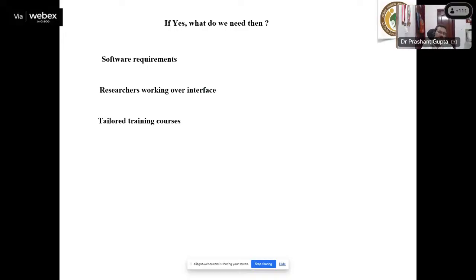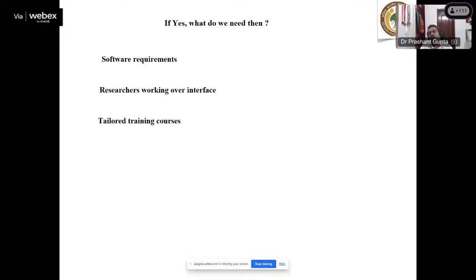We require software, yes. If buyers are more, the producer can produce any type of software. We need researchers over this interface and tailored training programs or courses. We are developing it. We have developed SOPs also.